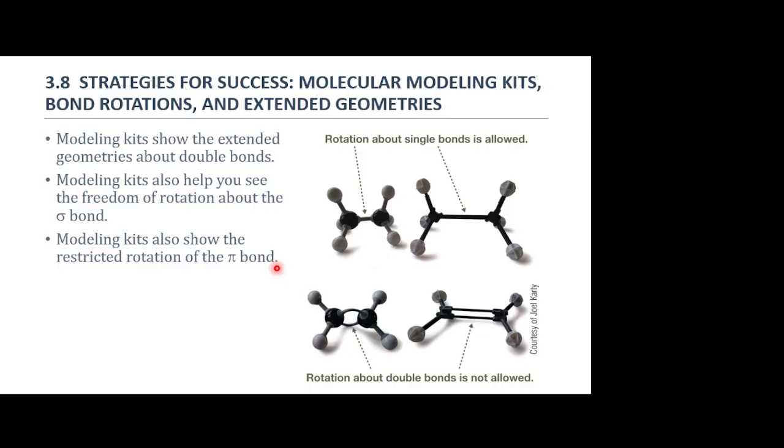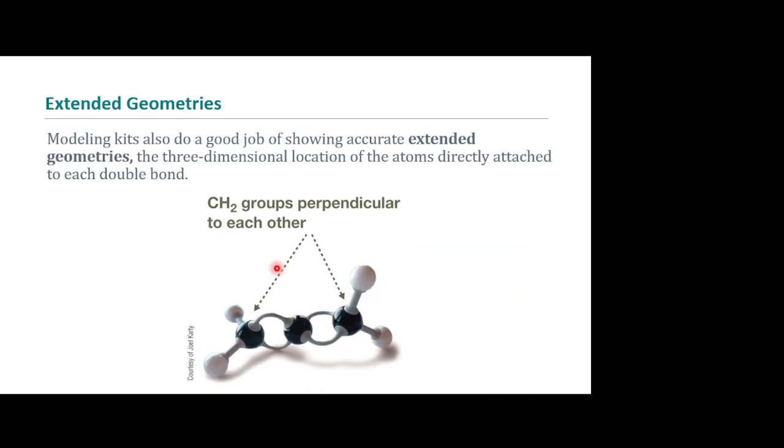Okay. All right. Now, these are the extended geometries here. Remember when I was talking about how the double bonds can't be on the same side if it's 3 different carbons? Now we can see it pretty easily here, can't we? So this is a double bond above and below. This one's in and out.